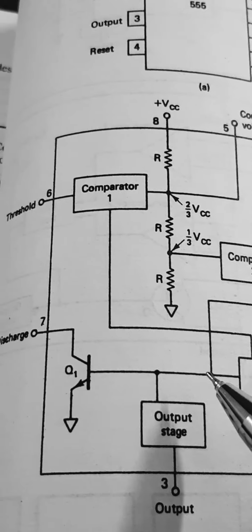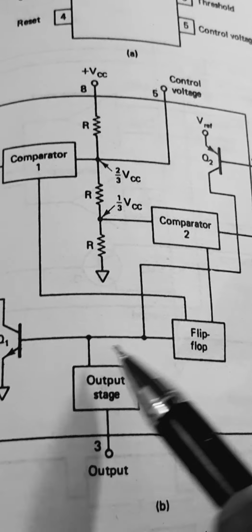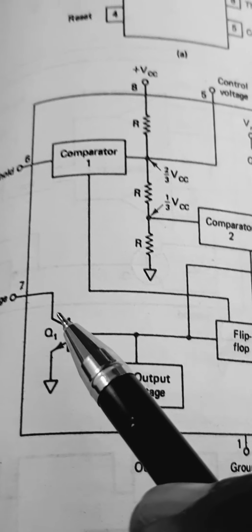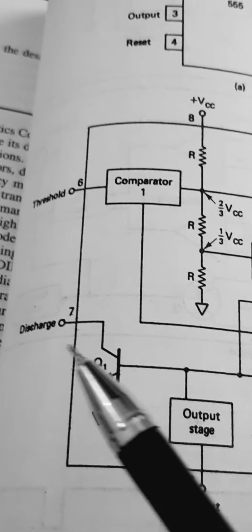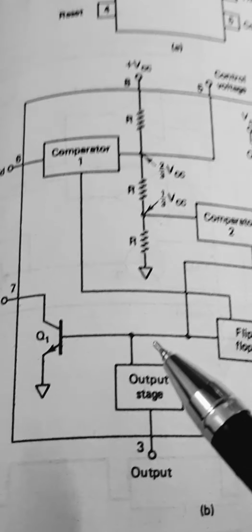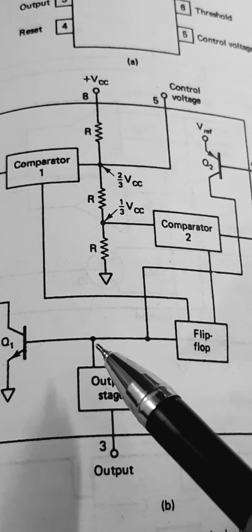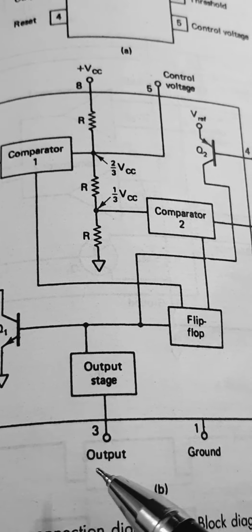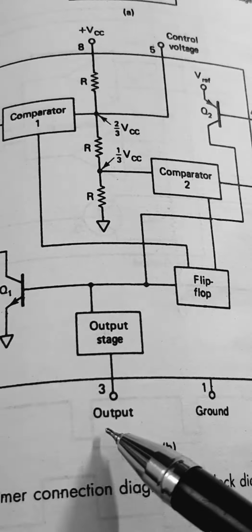Now the output of the flip-flop is connected to an NPN transistor where the discharge pin is connected. Then the output of the flip-flop is connected to an output stage. There you are getting the output.